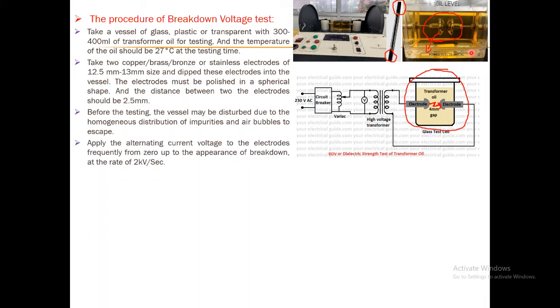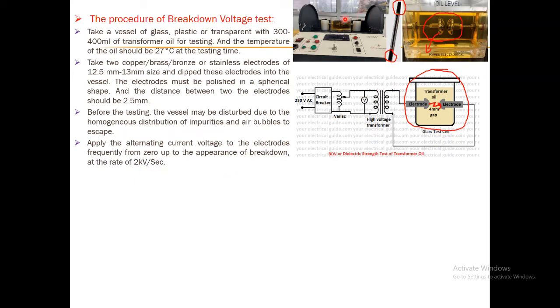Okay, so after 1 minute of time, apply the alternating current voltage to the electrodes gradually from 0 until you observe the formation of the spark. Here you can see that the rate of rise of voltage in this circuit is 2 kilovolt per second.